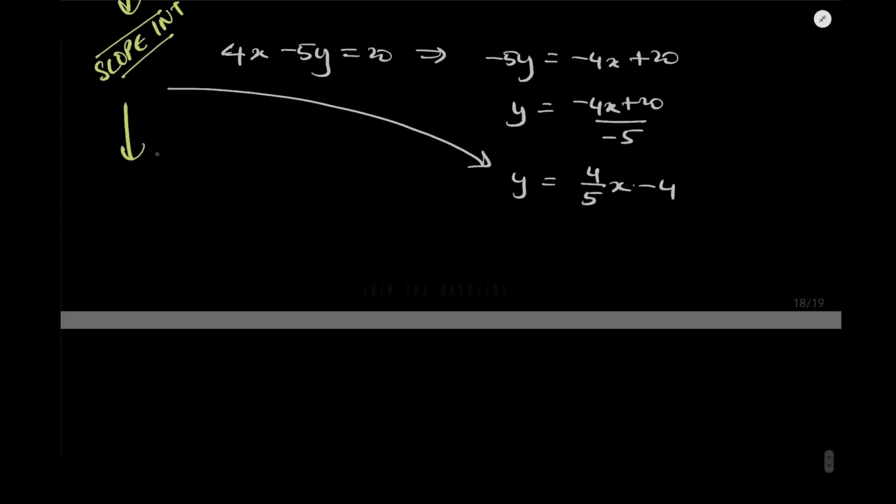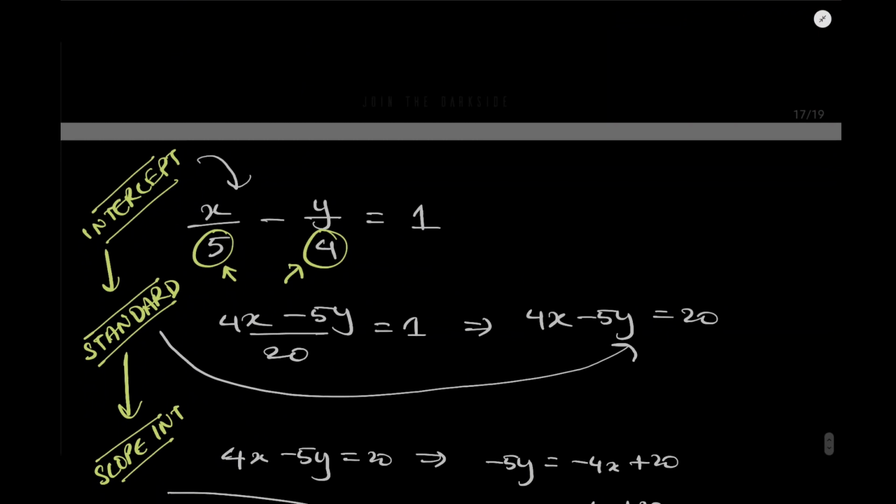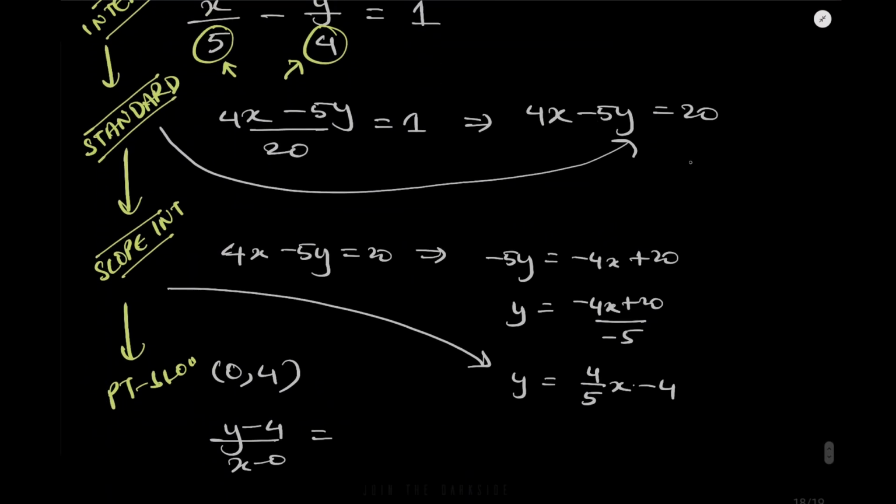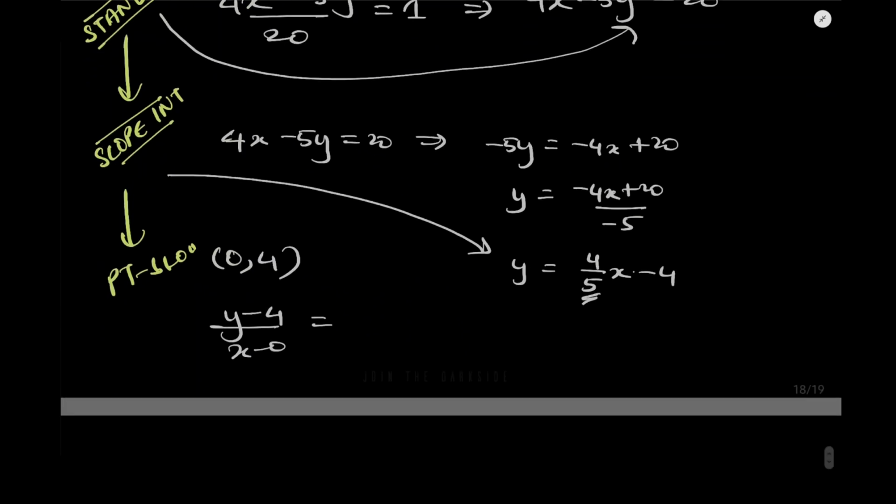So this can be turned into the point slope form by saying now we got the point as 0, 4, right? So it will be y minus 4 upon x minus 0 is equal to, what was the slope? We got the slope from here. This is 4 by 5.